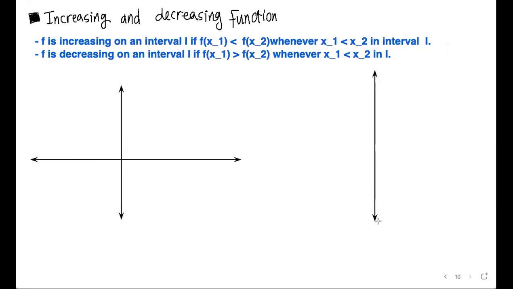I have to graph both of them, and next time I'll explain more. I give you just a general idea of what increasing and decreasing are. So the first function, first Cartesian plane here. Suppose my graph looks like this, and for the second one, suppose my graph looks like this.